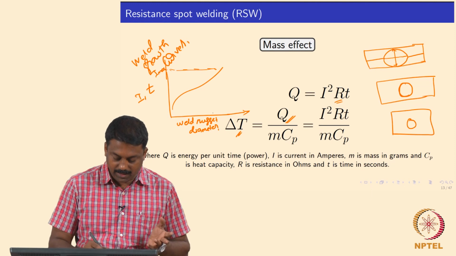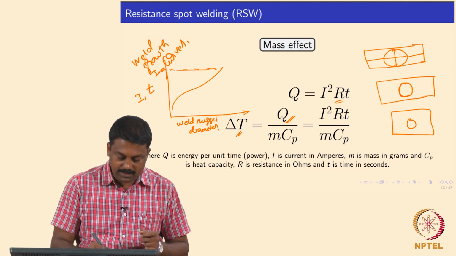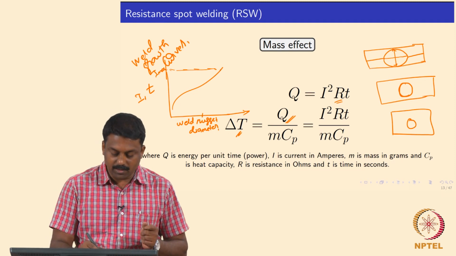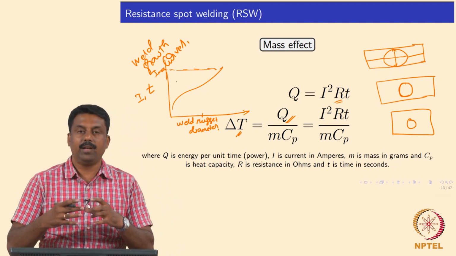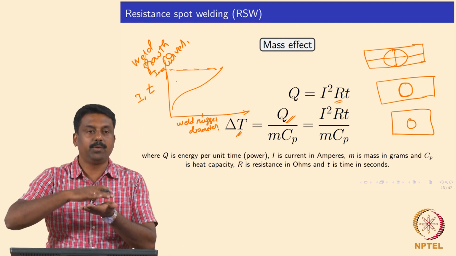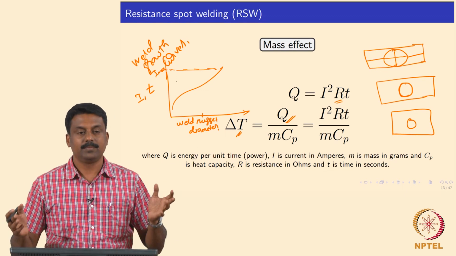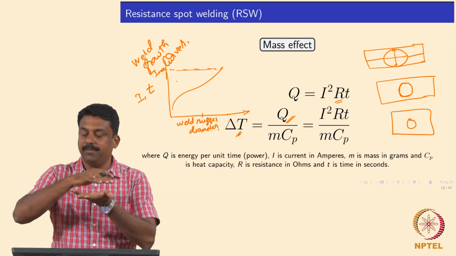So from an ideal curve, you can now identify what current and time are needed to achieve a weld nugget diameter of our interest. We cannot keep on increasing the current because above I max, more liquid is formed and you are applying an external force, so the liquid would start splashing out, isn't it? You form a liquid and you are applying compressive force.